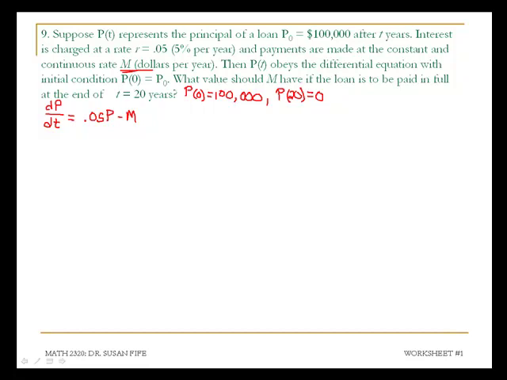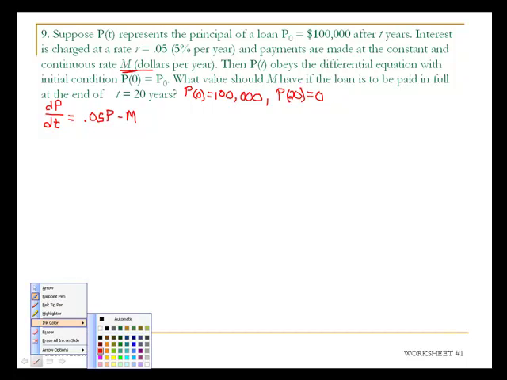Integrating both sides won't work, but this equation is one that's called separable. To be separable means that we could write the equation so that all terms of one variable are on one side and all terms of another variable are on the other side. Here our variables are P and t.